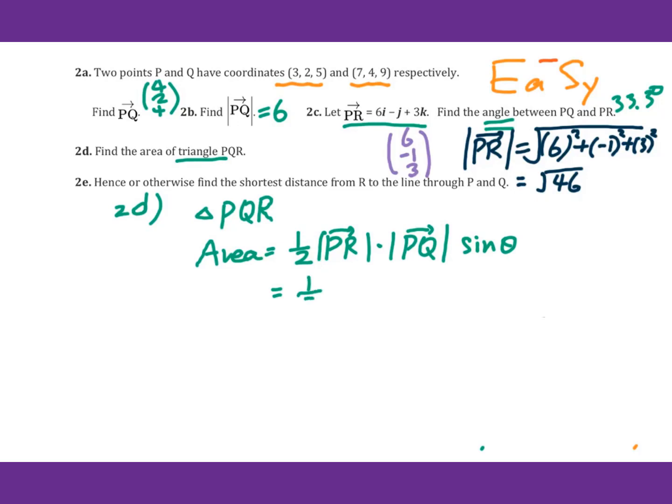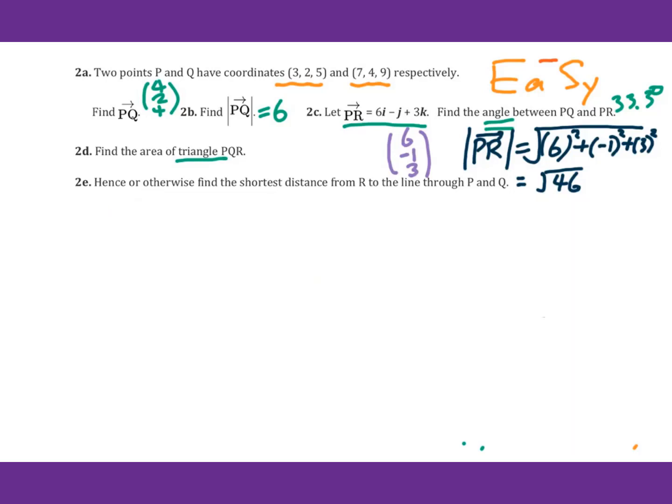Therefore, you will have 1/2 times 6 times the square root of 46 times sine 33.3 degrees. You will get 11.2.